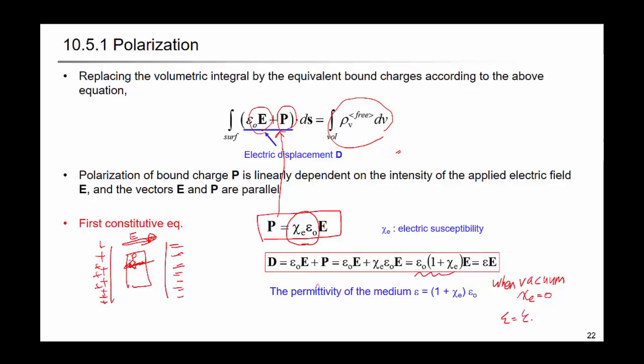So the epsilon becomes the same as epsilon naught, right? And for example, for water, epsilon is around 80 times epsilon naught. So that means the water can be polarized, 80 times more than free space.